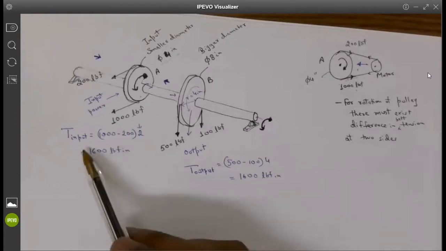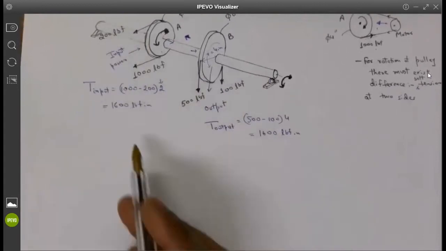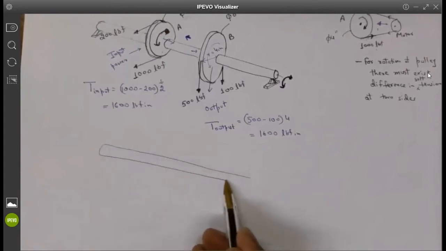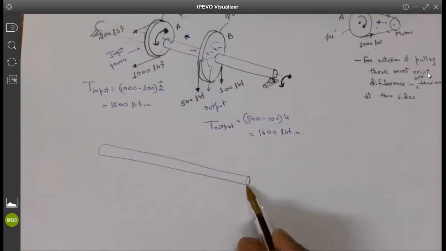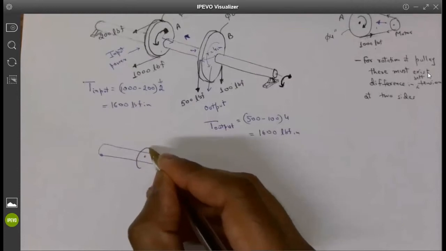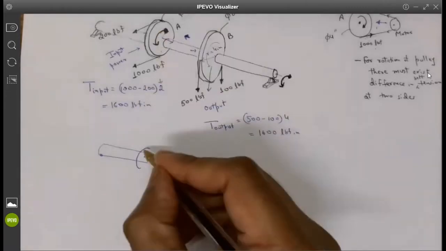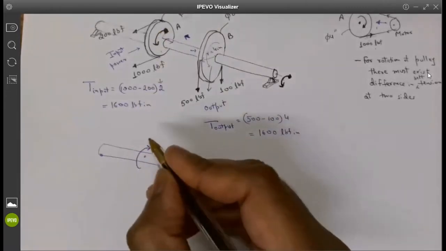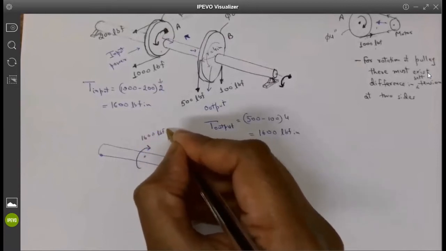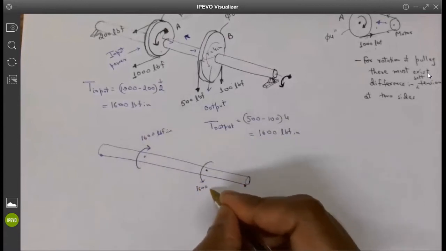Okay. So we have got torque input and torque output. And that basically means if I look at this transmission shaft alone, I have these as my supports, and the rotation is this way, but torque is 1600 pound force inch, and here it will be 1600 pound force inch.